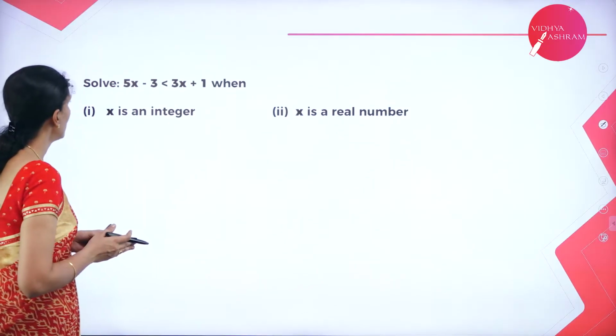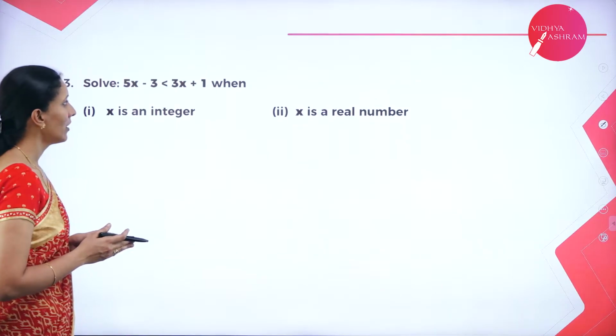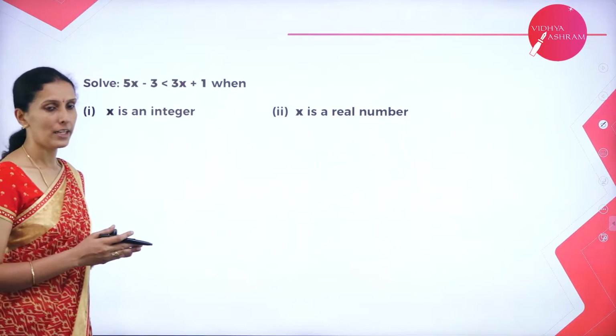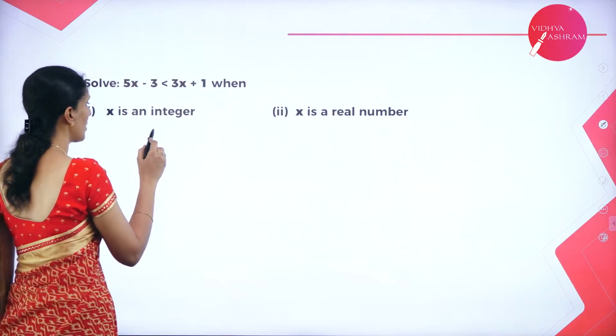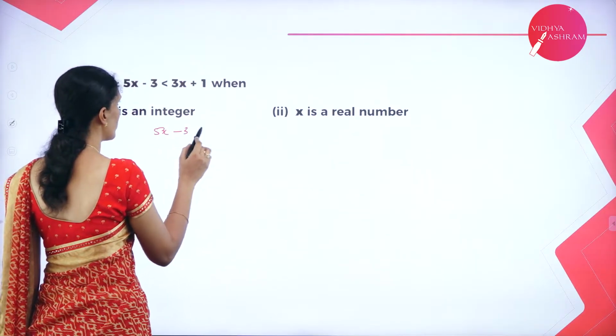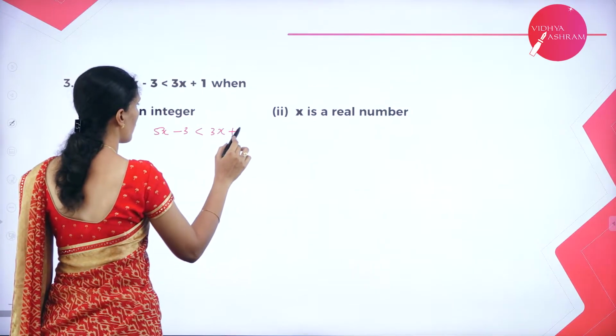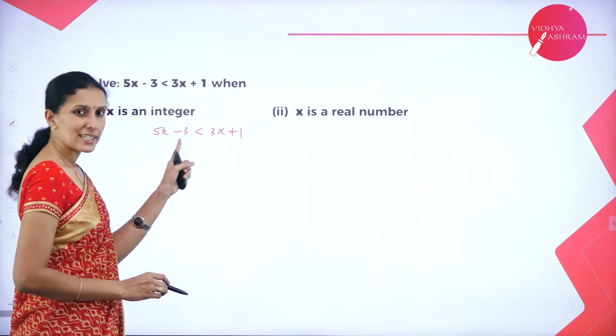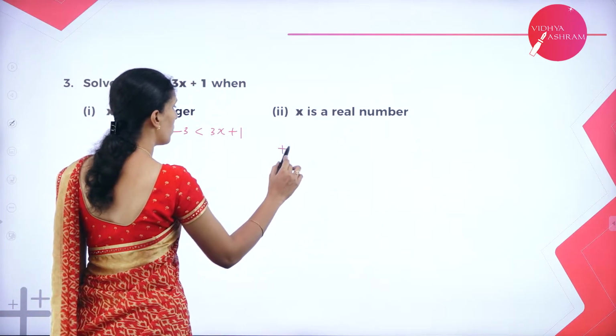Next, we have 5x minus 3 less than 3x plus 1, when x is an integer and when x is a real number. First, let us solve the inequality. We have 5x minus 3 less than 3x plus 1. To remove minus 3, I should add plus 3 on both sides.